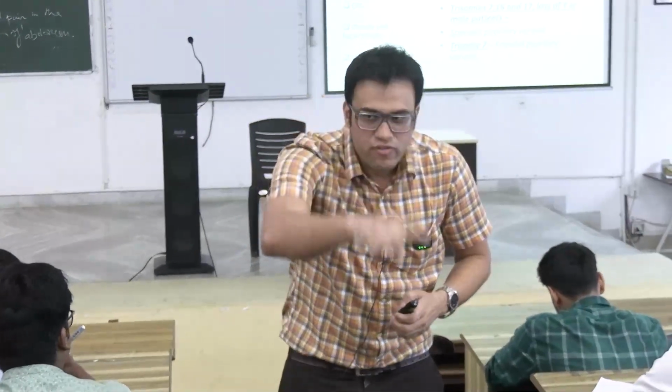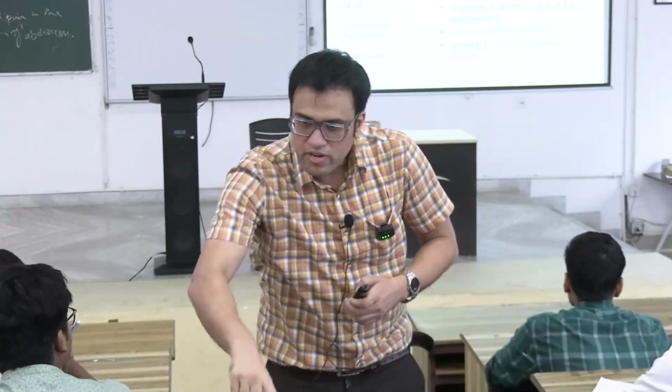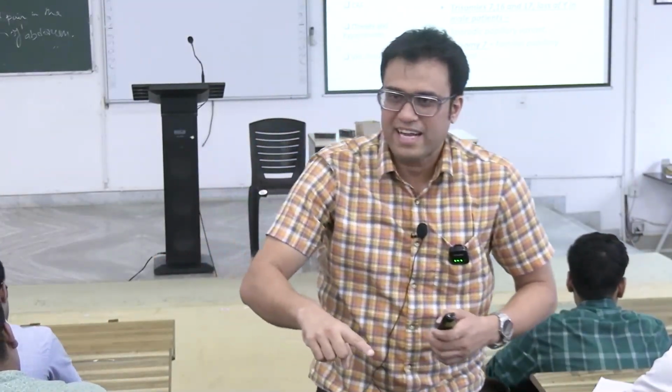So VHL gene in the normal physiological state downregulates hypoxia inducible factor. So if VHL is mutated, that means it has gone into a state of pathology. It's in a pathological state. So if in the physiological state it downregulates HIF, then what will happen if the VHL gene is downregulated?